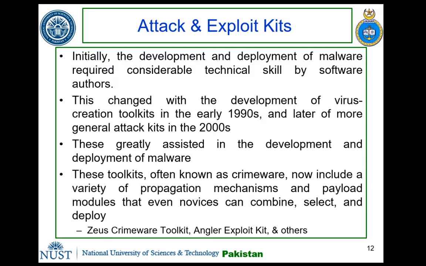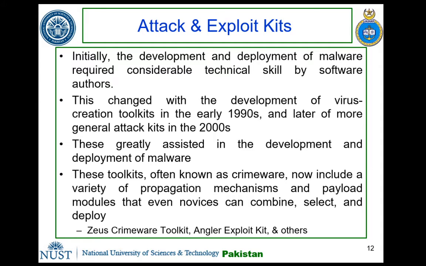The Zeus crimeware toolkit is a prominent example of such an attack kit, which was used to generate a wide range of very effective stealth malware that facilitates a range of criminal activities, in particular capturing and exploiting banking credentials.